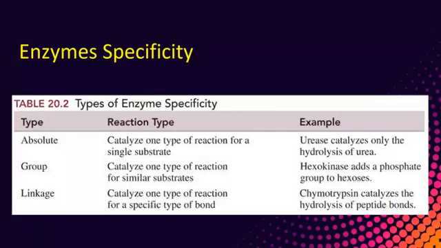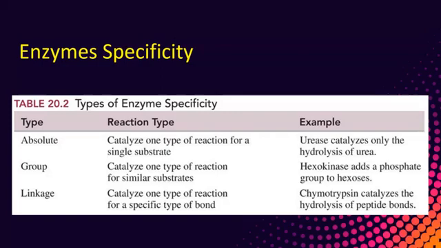So we have here the types of enzyme specificity: absolute specificity, group specificity, and linkage specificity. When we say absolute, they catalyze only one type of reaction for a single substrate. For a group, they catalyze one type of reaction for similar substrates, so it can be multiple substrates with similar function.